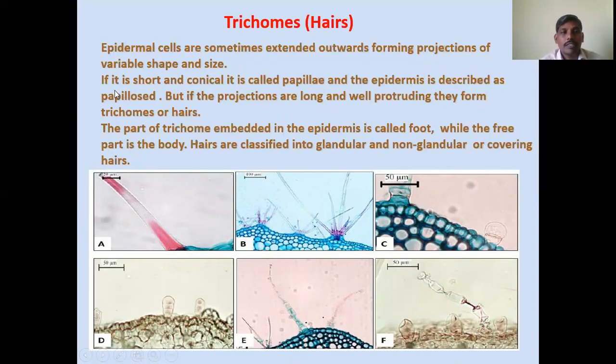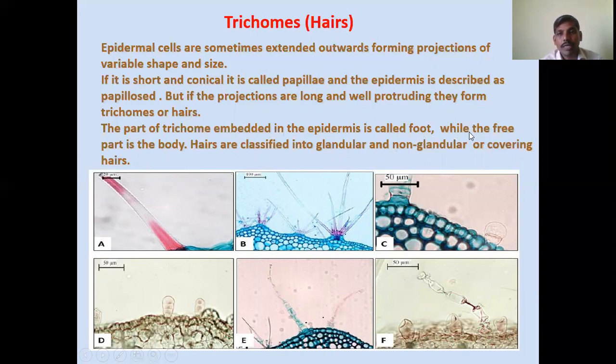If the external appendage is very short and conical, it is called a papilla, and the epidermis is described as papillose epidermis. But if the projections are long and well protruding, they form trichomes or hairs.